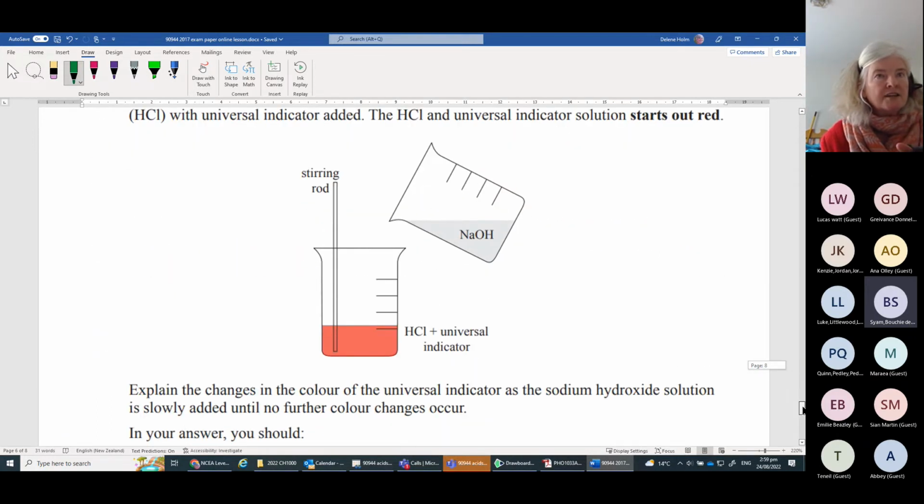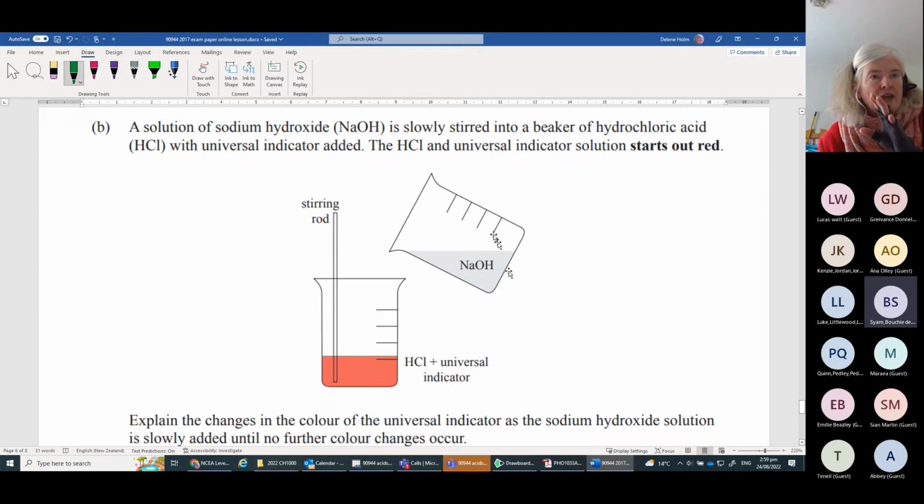When you have something like this, we say we're adding sodium hydroxide to our acid, and it's starting out red, or they don't even tell you what the color is, and it says explain what happens when you're adding sodium hydroxide. Don't stop at the neutral point. Keep on going. Okay, so a lot of students will stop at green. Keep on going.